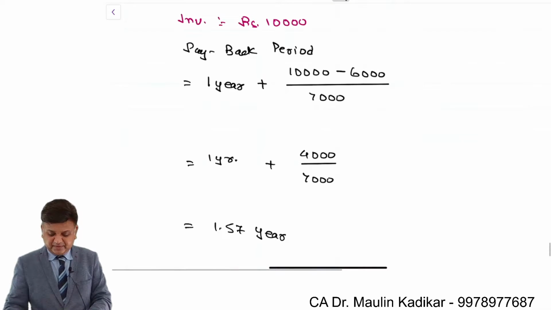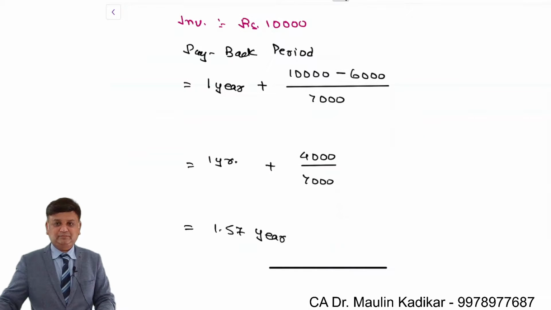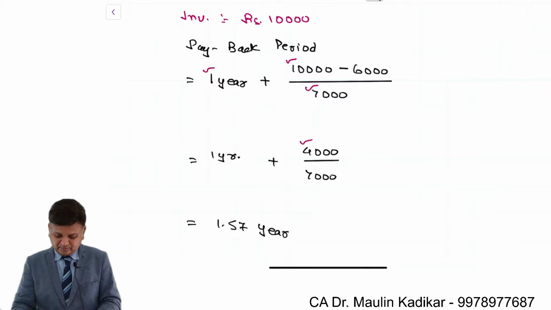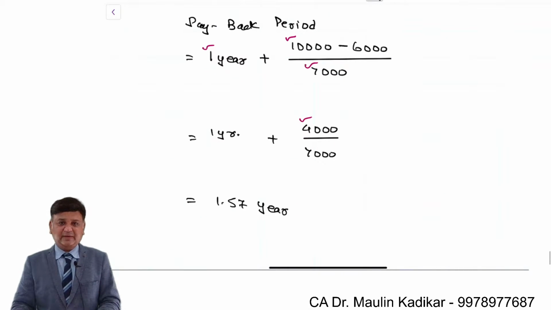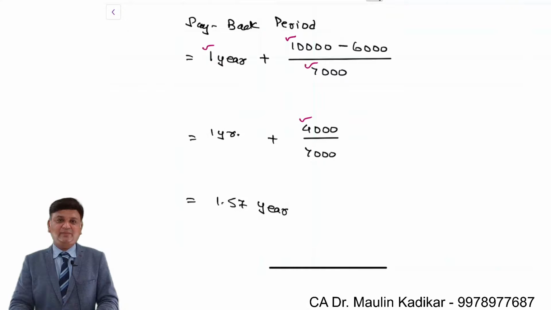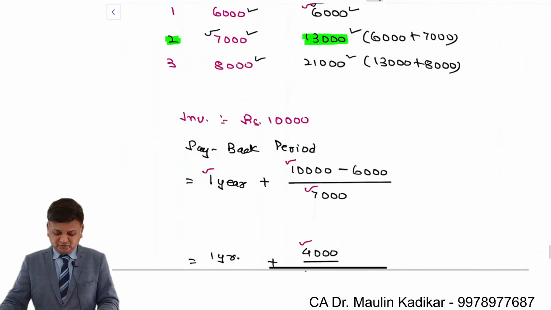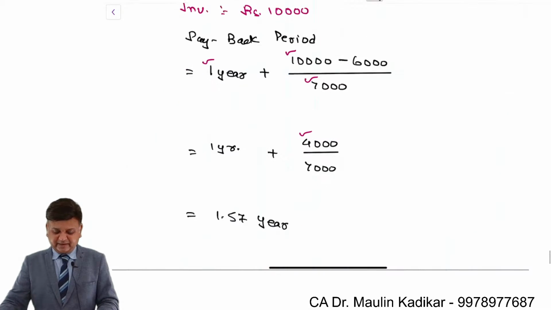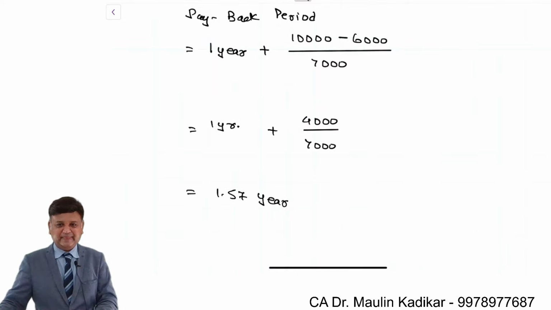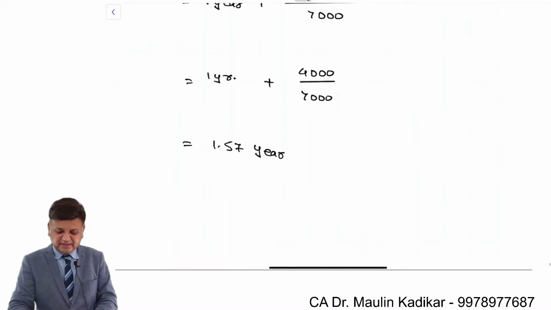That is the way the payback period is calculated. So please write an answer for the payback period: it is 1.57 year. Cumulative cash flow and then payback period.